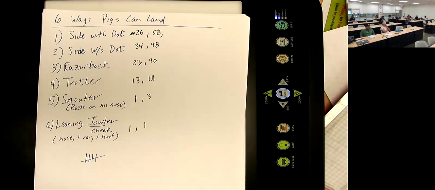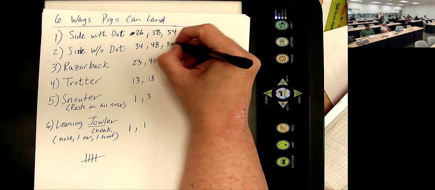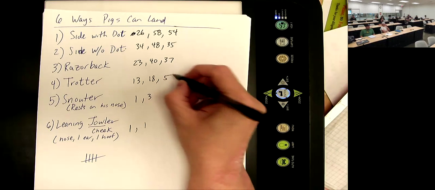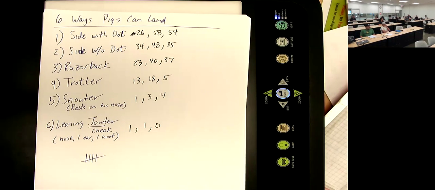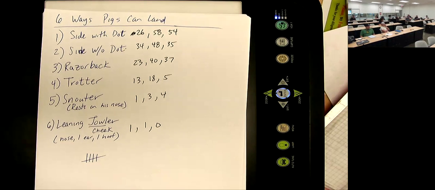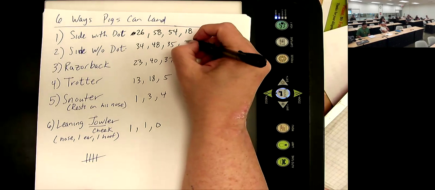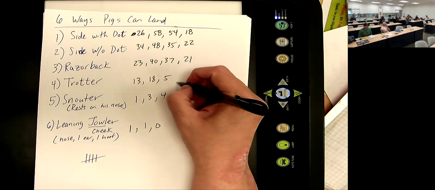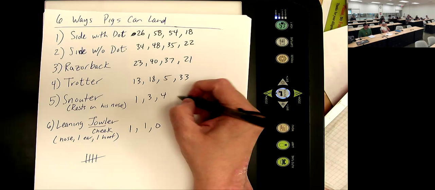Anyone who was at the total? We got 54, 35, 37, 5, 4, 0. Next group, 18, 22, 33, and then 2 zeros.